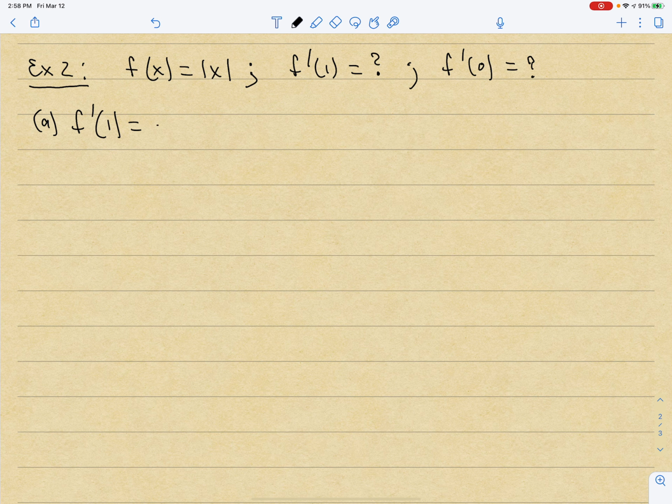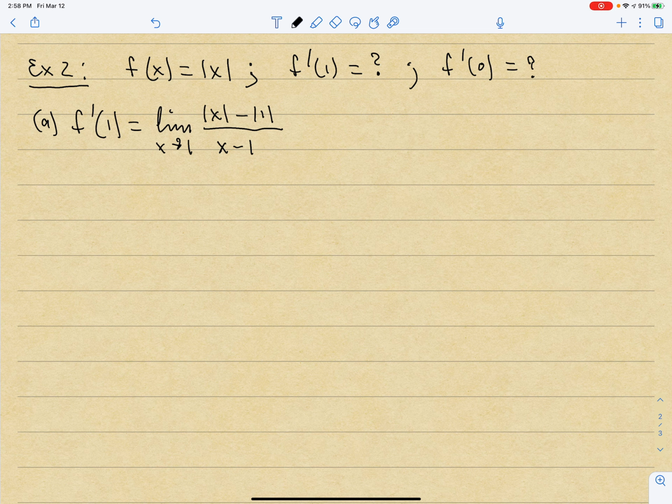F prime of 1 is a limit as x approaches 1 of what? F of x minus f of a, so absolute value of x minus absolute value of 1 divided by x minus 1, right?